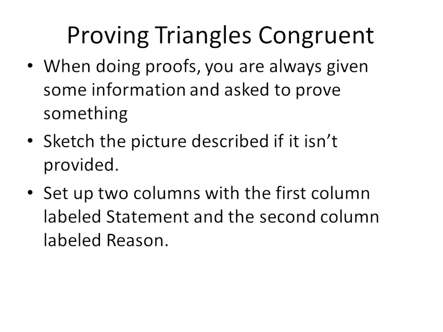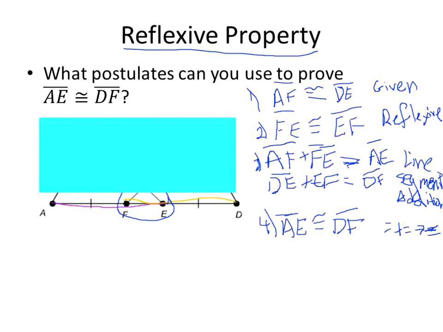But what you saw is that we're starting to do something called proofs in geometry. And what we're doing is we're proving different things. So here, even though we were asked to do that, we basically proved that AE is congruent to DF.